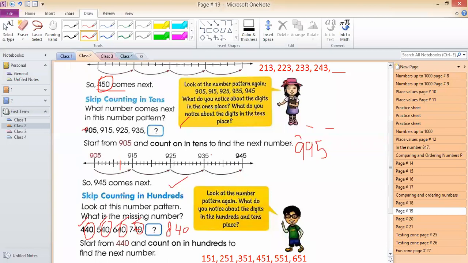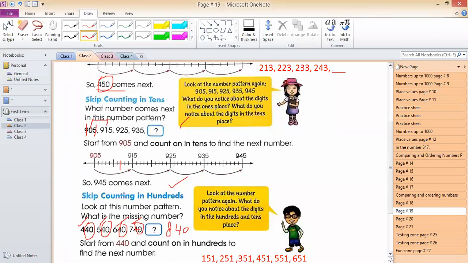We discussed skip counting in tens, guys. This is very easy. When you skip count in tens, what you have to do? Forget about the ones and forget about the hundreds. Focus on only tens. Look, 9 and 5 are the same in all the series. Just increase 1 on the tens.